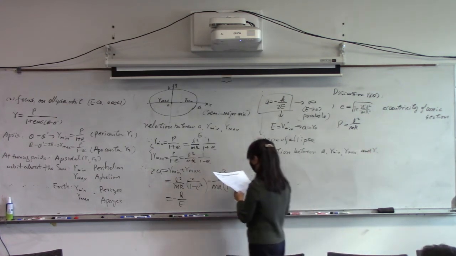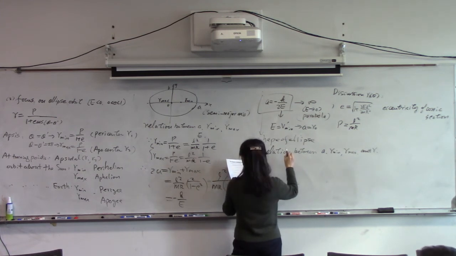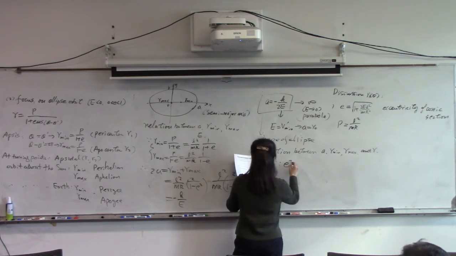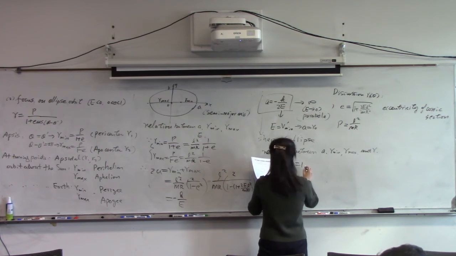We have also this relation. So here, you will see this. Okay, because E square is 1. E square is this one, right?